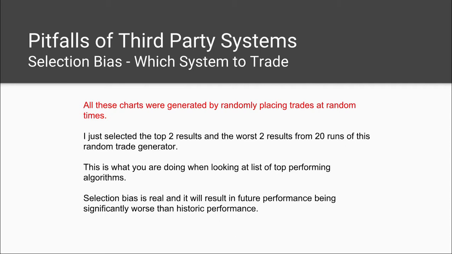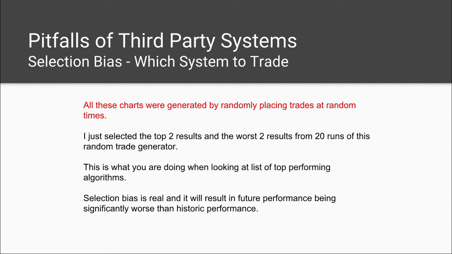And the point I'm trying to make here is if you get a whole bunch of strategies, if none of them have any edge, like this random trade system has no edge at all. It's completely random. So if you selected 1,000 random strategies and looked at the top 10, of course they're going to be good just by pure chance.